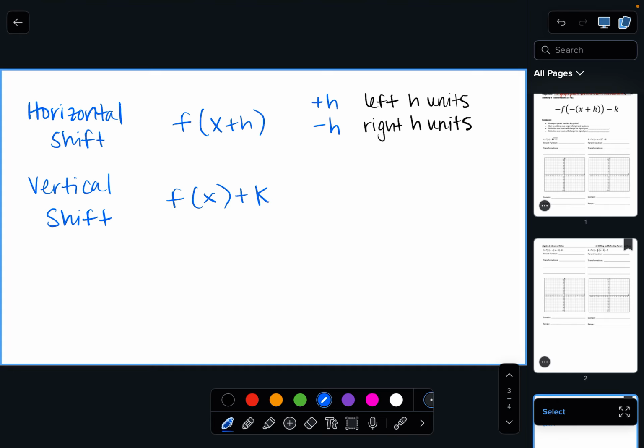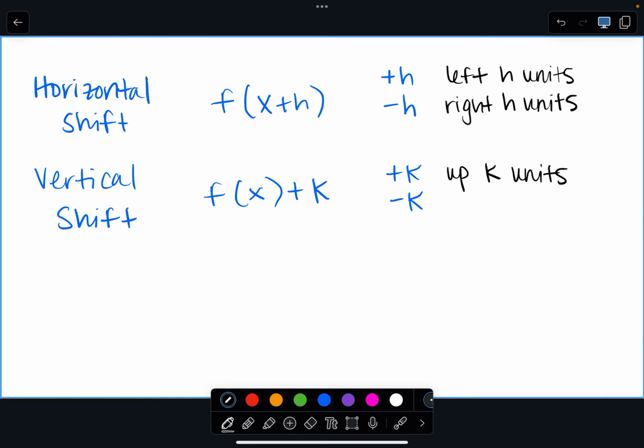This one is not going to be one where they do the opposite. If you have a plus k, that means you are going to be moving up k units. And then if you have a minus k, that means you are moving down k units.